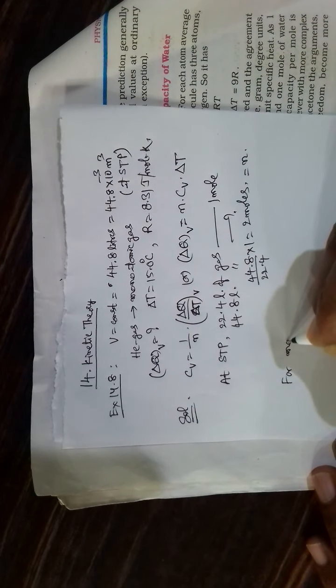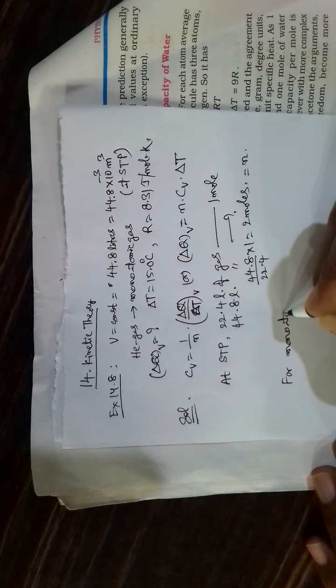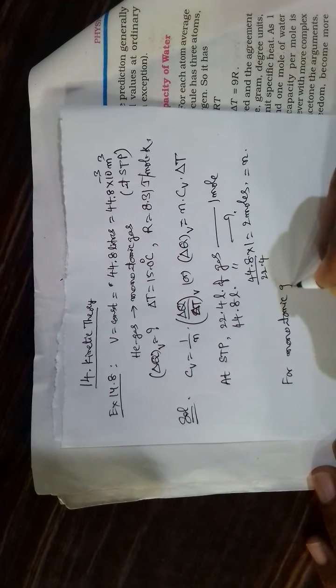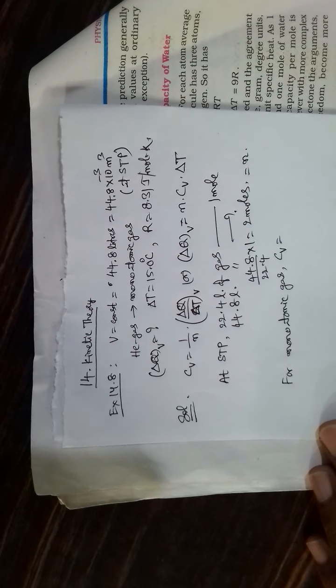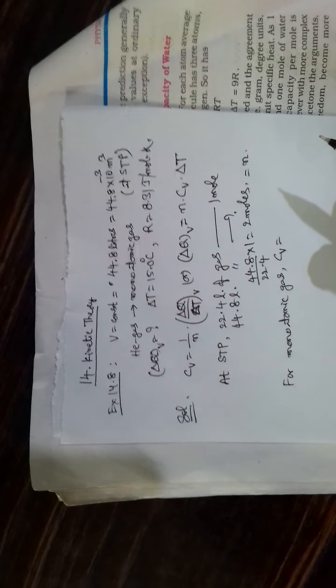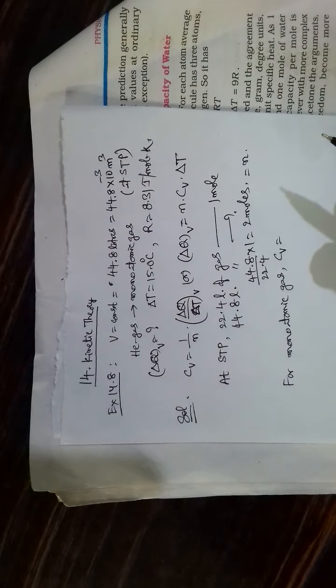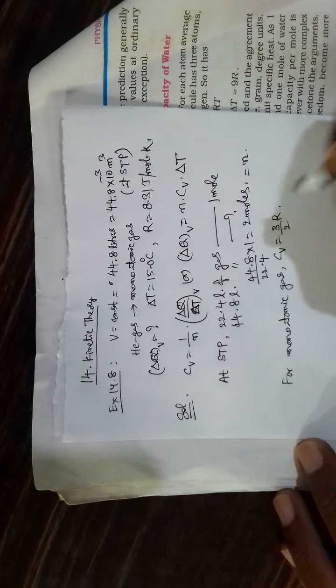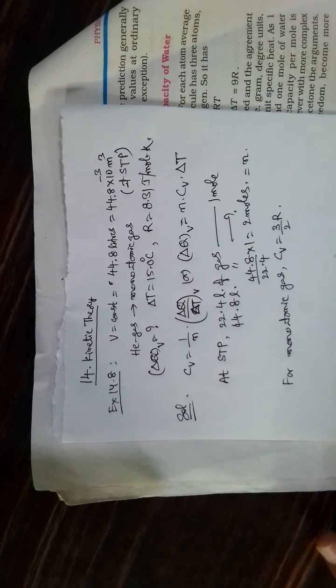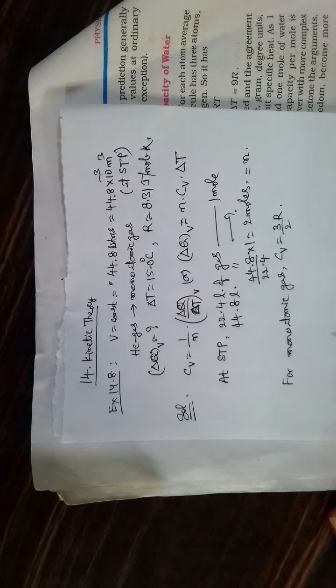For a monoatomic gas, CV is equal to 3 by 2 R. Next, delta T is given.